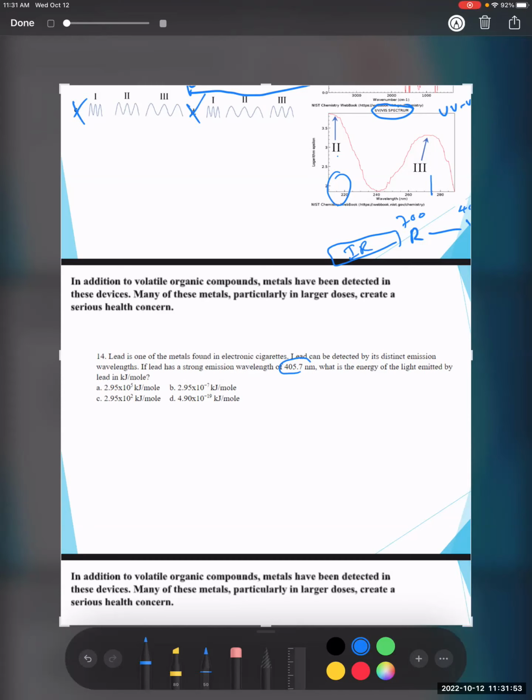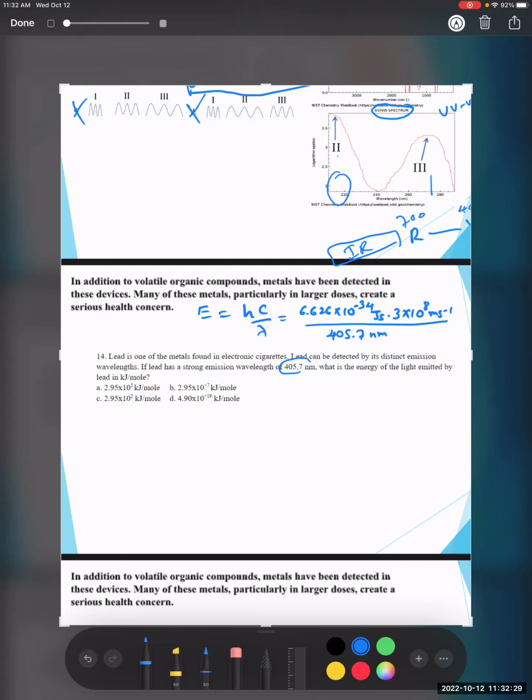Again, the energy of a photon is given by E equals hc over lambda, where h is 6.626 times 10 to the power of minus 34 joule seconds, and c is the speed of light, which is 3 times 10 to the power of 8 meters per second, and divide this by the wavelength, which is given to us as 405.7 nanometers.